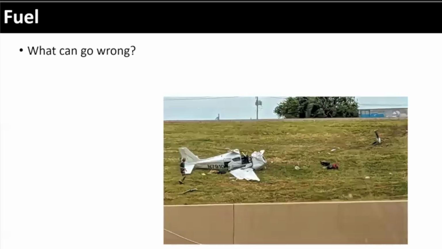What can go wrong? Now, as morbid as it may be, you're all from around here, relatively close anyway. Who heard about the twin engine aircraft that crashed shortly after takeoff last summer?